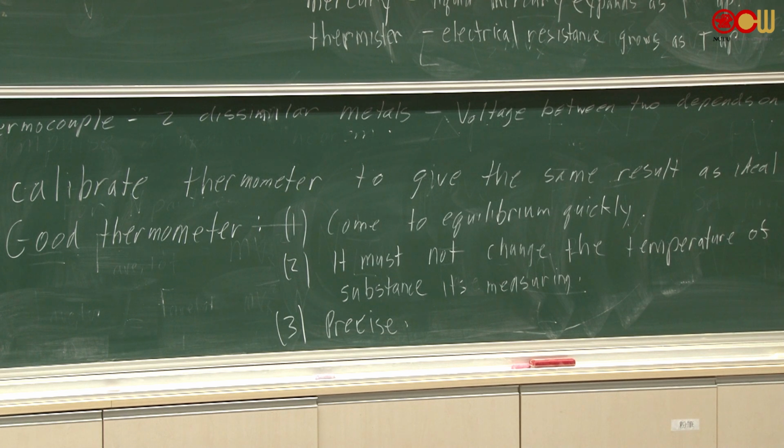So I cannot take, for instance, a little tube this big and put a little bit of water in it and watch for the water to expand. That's not very precise. The water doesn't expand very much as the temperature increases. But mercury, a tiny bit of mercury in a very thin tube, does expand quite a bit.